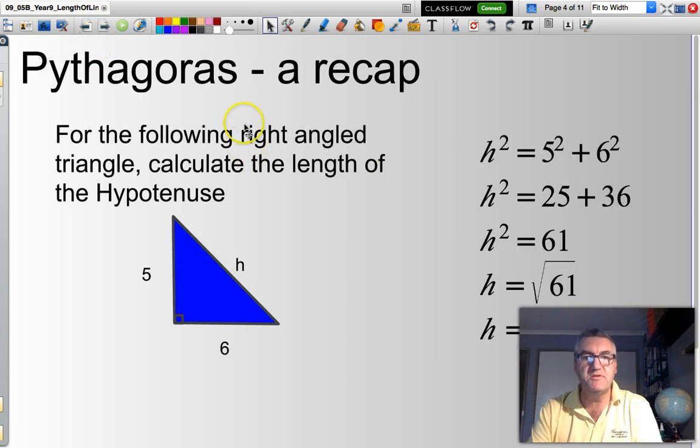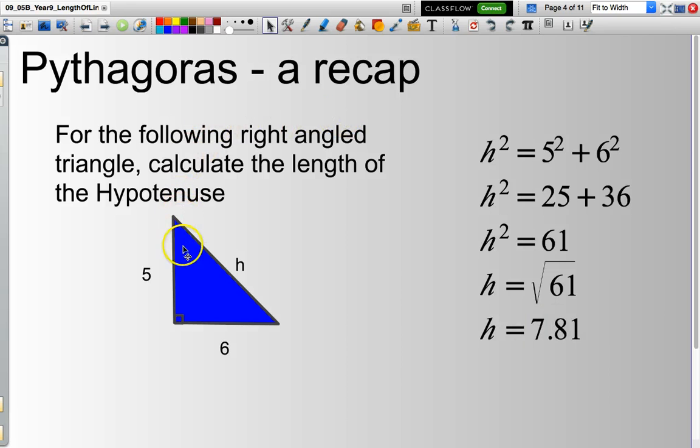Now, just as a recap, we will be using Pythagoras in this session to calculate the length of the hypotenuse. If I had a right angle triangle with one side length being 5, the other side length being 6, and I'll just identify this side as being h for hypotenuse, then I could say that h squared equals one side squared plus the other side squared.